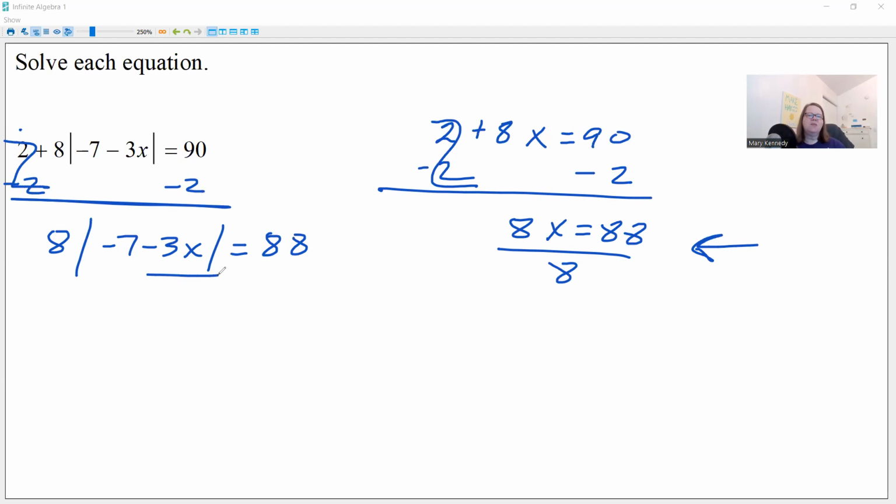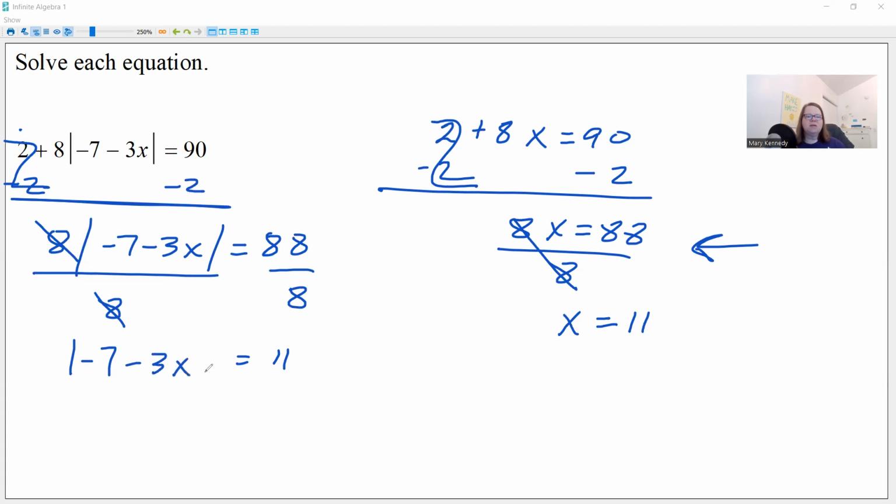So we're going to divide both sides by 8 to get rid of the 8 in front. This would give us x equals 11, and we're going to get 11 here also. But on the left side, we don't just have x, we have this whole thing: the absolute value of -7 minus 3x equals 11. I'm going to draw those a little bit better.